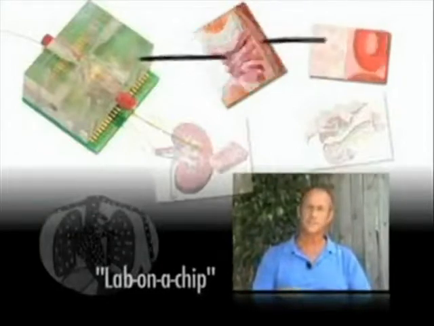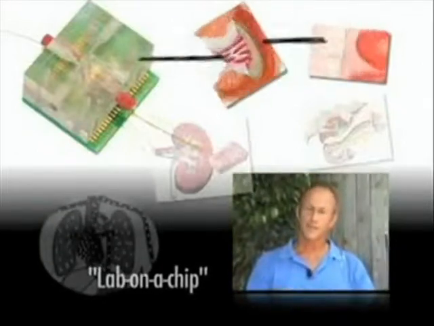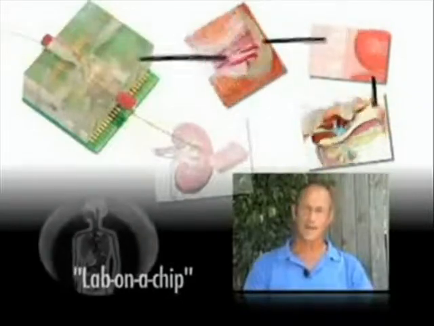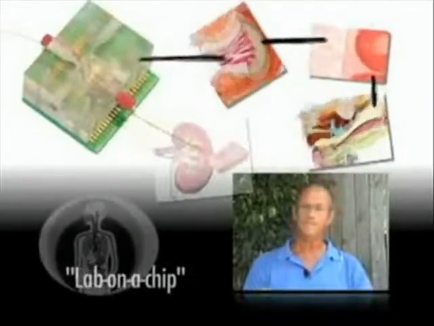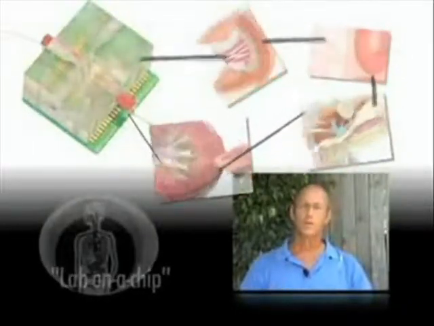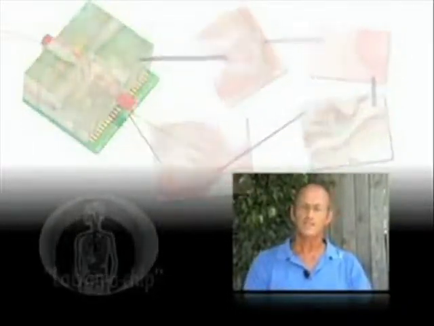So we could use blood cells in the next compartment. The next compartment would probably be liver cells, because that's where that drug would land. And then perhaps kidney cells. So we're starting to approach the whole living system, the complexity of the whole living system.